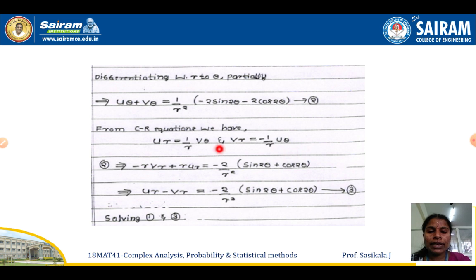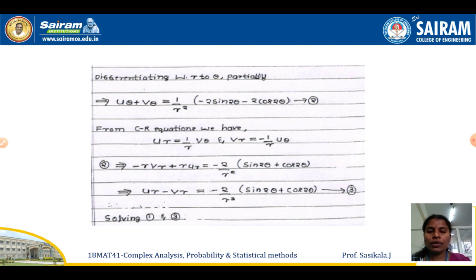I can write u_θ as −r v_r, and v_θ to be replaced by r u_r, which is equal to −(2/r²)(sin 2θ + cos 2θ). Multiplying both sides by −1, the minus signs cancel, and taking r to the other side it becomes r³. I get u_r − v_r = −(2/r³)(sin 2θ + cos 2θ). Make this equation number 3.